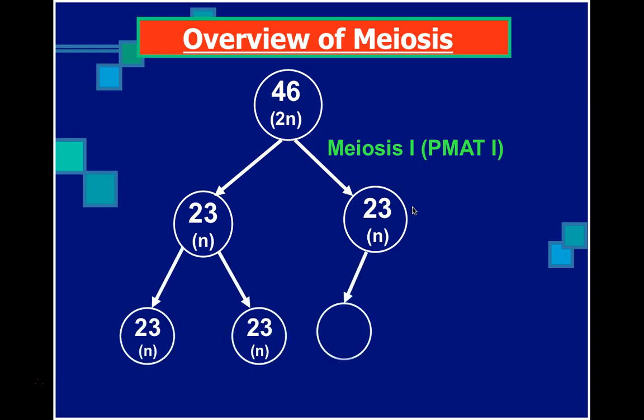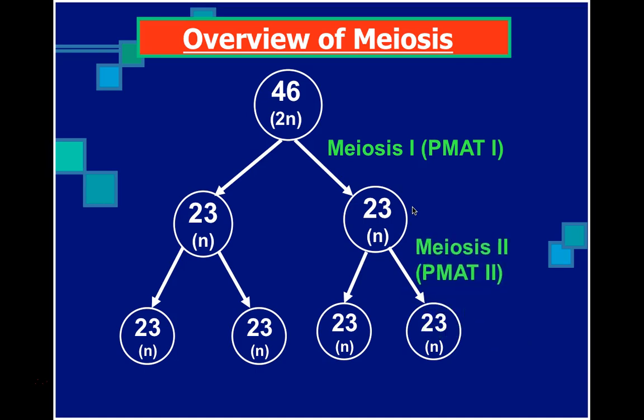Now we have another division. Mitosis doesn't have two divisions. Mitosis has one division, which we said results in identical cells, and then the cycle continues on and on. Very different in meiosis. We have two divisions in order to get the product that we want.